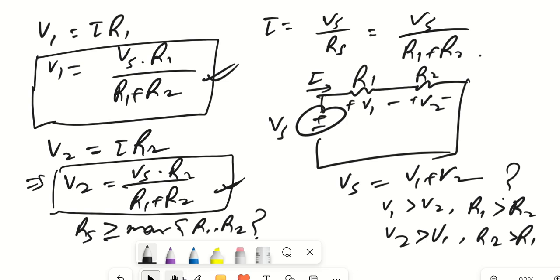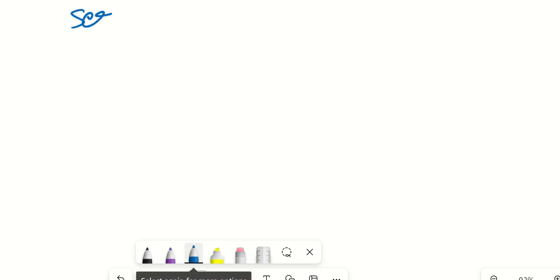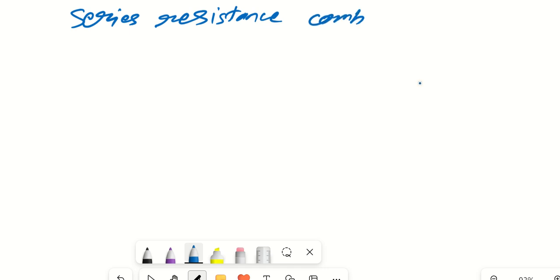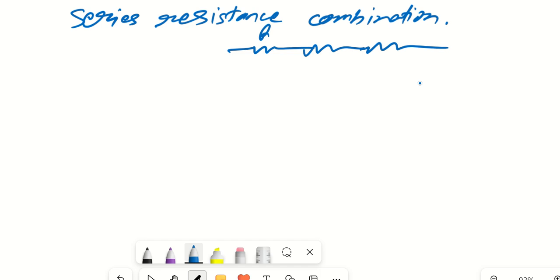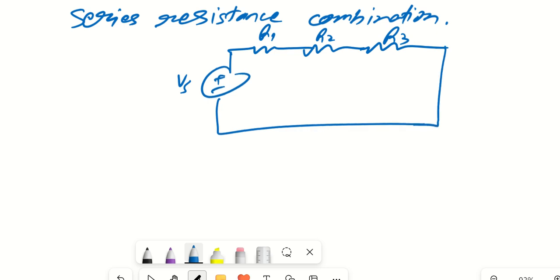Now let us extend this concept to three resistors, so that you can understand the behavior of this series combination. Okay, so let us say series resistors: resistors R1, R2, R3, connected to a voltage source Vs like this.